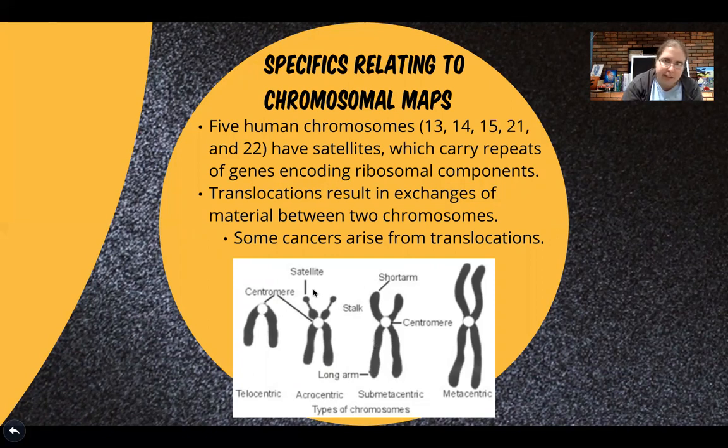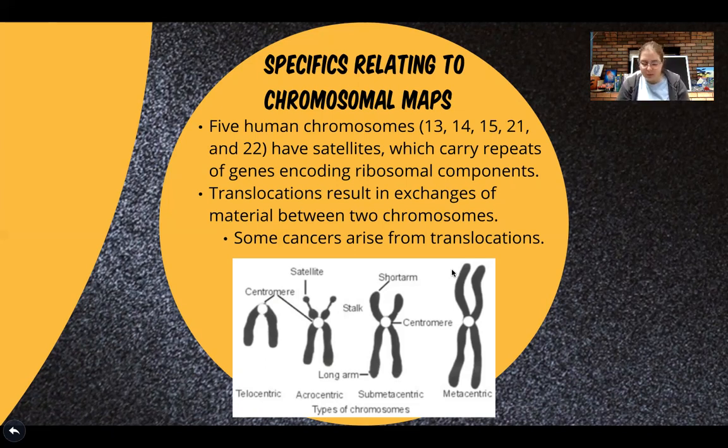But the satellites, if you notice here, have this thin section hanging off of it, and then a clump of DNA at the ends. It kind of looks like little eye stalks for an alien or something. We have found these satellites on chromosome pairs 13, 14, 15, 21, and 22.